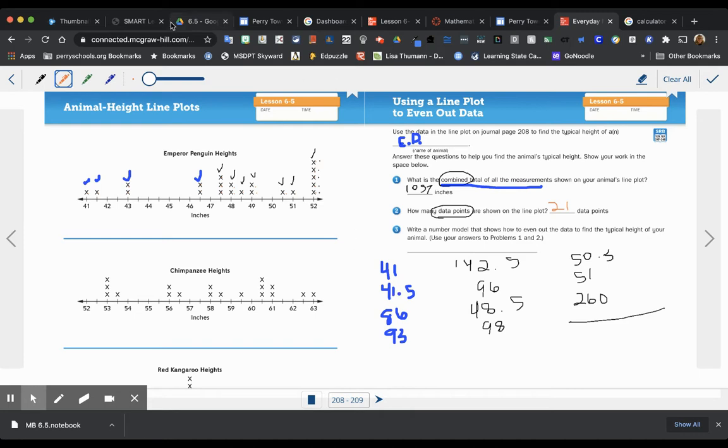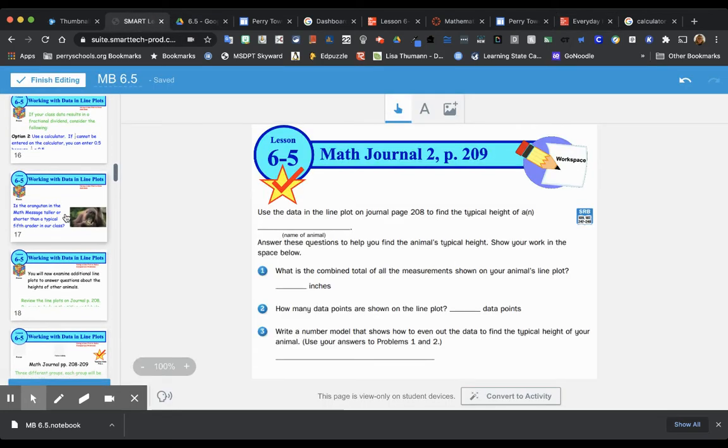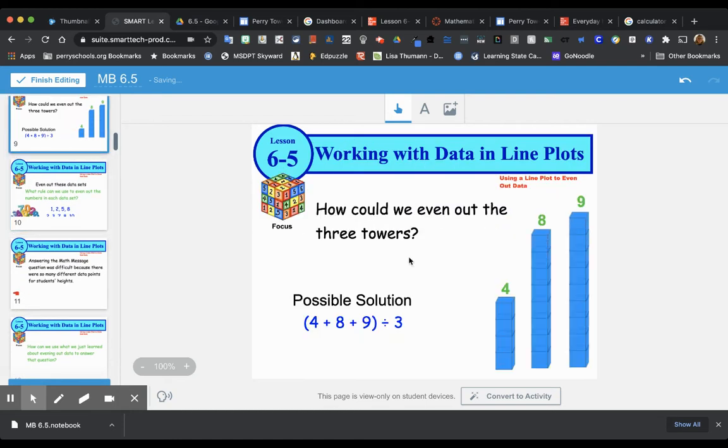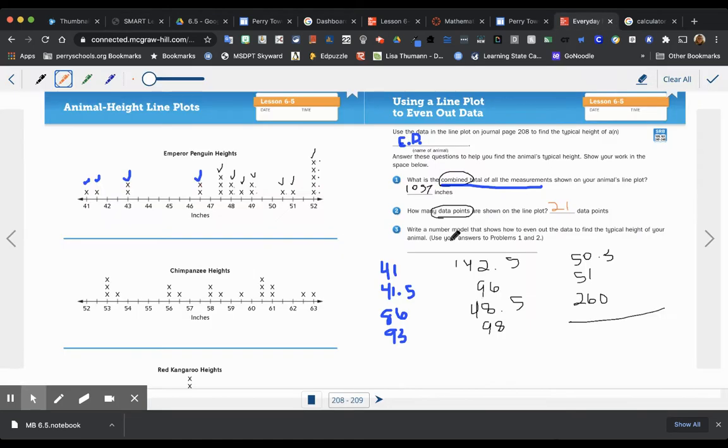If we think back to what we did when we were talking about these problems here, we took them all added and then we divided by the total we had. So looking back at this, I'm going to take 1,057, because that's my combined total, and we're going to divide that by 21 data points.